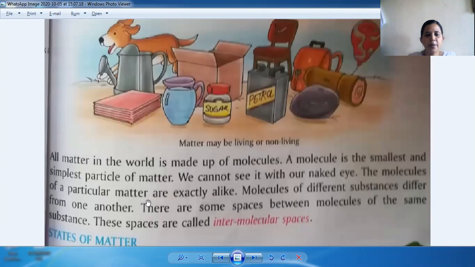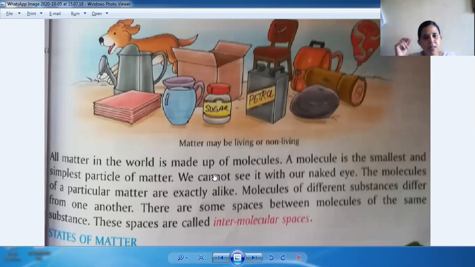The molecules of a particular matter are exactly alike. Molecules of different substances differ from one another. There are some spaces between molecules of the same substance. These spaces are called intermolecular space. So as we said, matter is made up of tiny particles, that is the molecules. They are very small in nature.